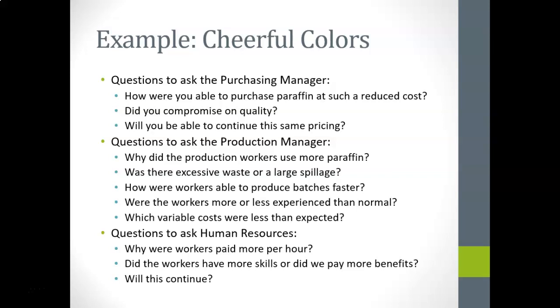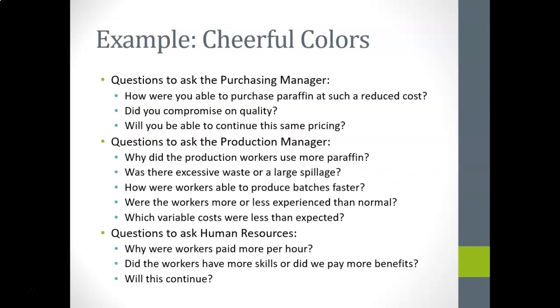As far as workers are concerned, how were the workers able to produce batches faster? Remember, we thought we would use 13,000 direct labor hours, and we only used 10,400 direct labor hours. How were we able to do that? Okay, was it the fact that we had more experienced workers than normal?